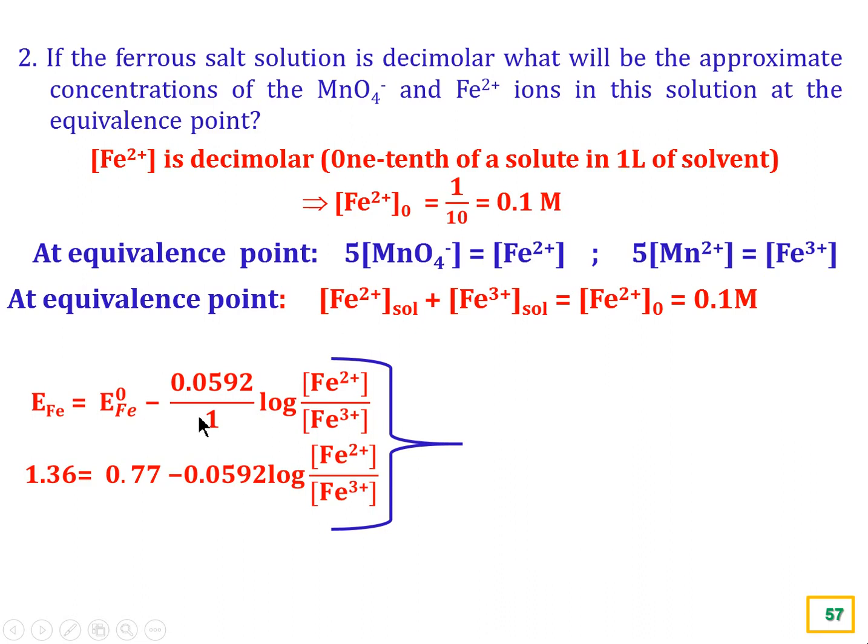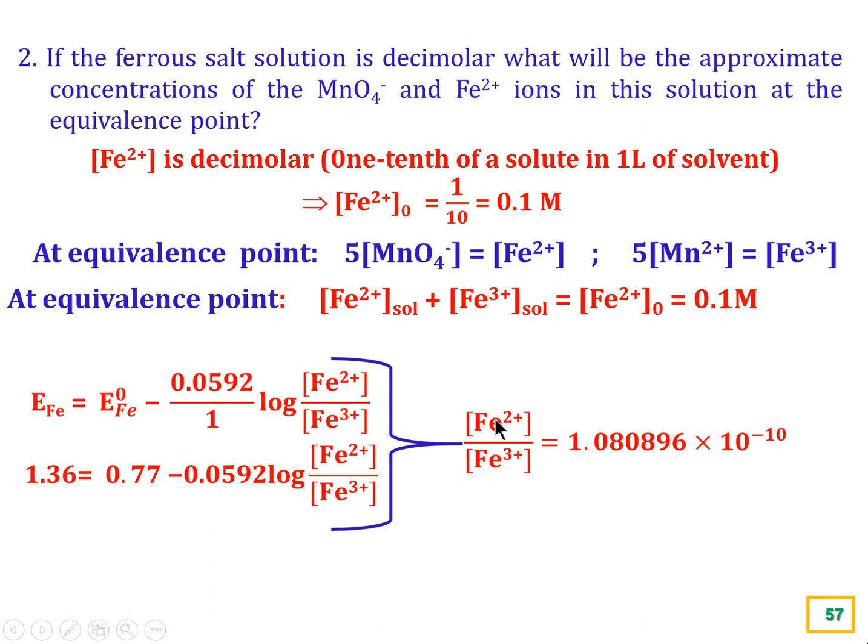One of these advancements is the equivalence point. So we apply this relation at equivalence. 1.36, the potential, is equal to 0.77 minus 0.0592 log Fe2+ at equivalence divided by Fe3+ at equivalence. So Fe2+ divided by Fe3+ at equivalence is equal to 1.08 times 10 to the power minus 10. This is the second relation between the concentrations of Fe2+ and Fe3+ at equivalence.